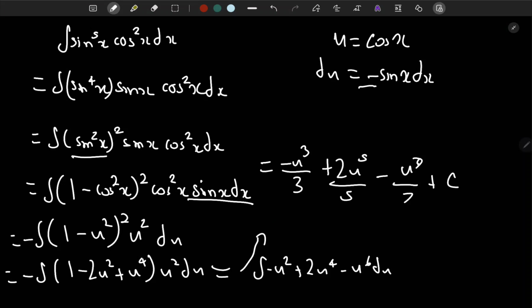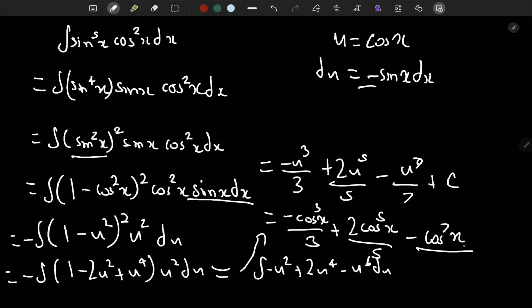Now the final step which is left is just substituting cosine x for u, so that's going to give you minus cosine cubed x over 3 plus 2 cosine to the power of 5 x over 5 minus cosine to the power of 7 x over 7 plus c.